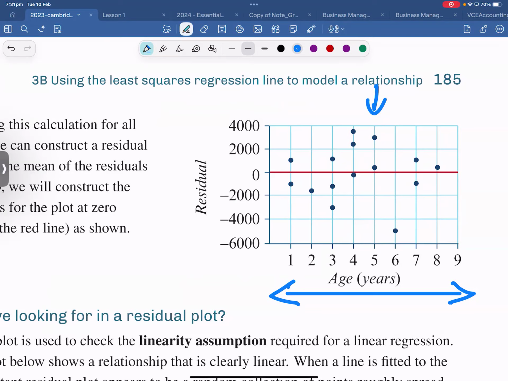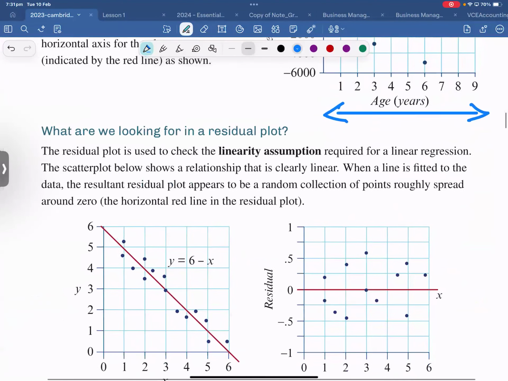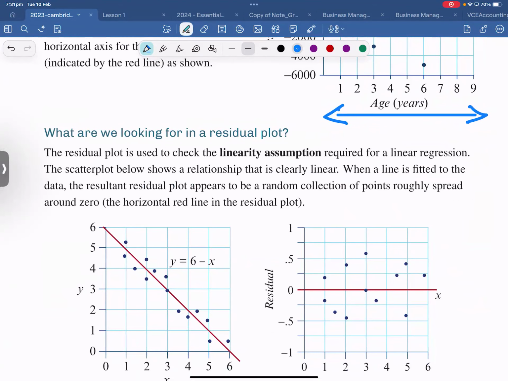Now, we are analyzing the residual plot as well to evaluate something. You know what it is? That thing is the linearity assumption, right?